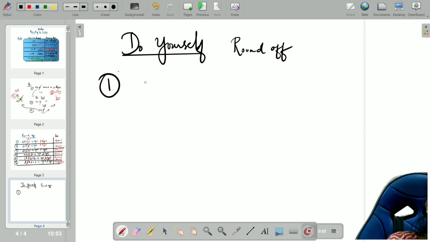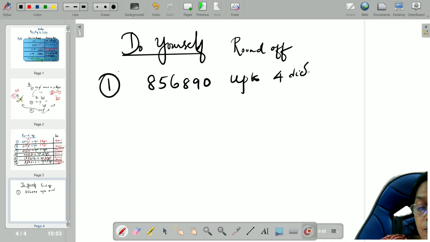Number 1. 856,890 up to 4 digits. You have to round off up to 4 digits.